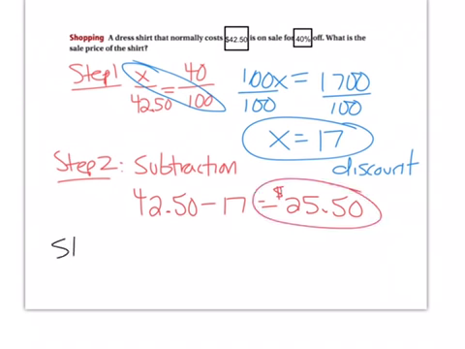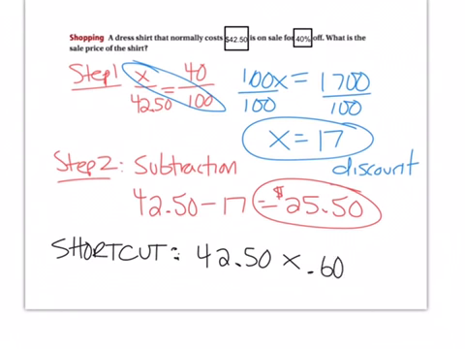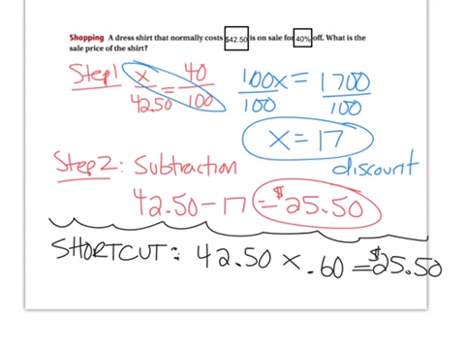Keep in mind, we have that shortcut. The shortcut option would be take the original price of the item and multiply by the percent you need to pay for. So in this case, if it's 40% off, I have to pay for 60% of the shirt. So if I do 42.5 times 0.6, it takes me right to $25.50. Just an option.